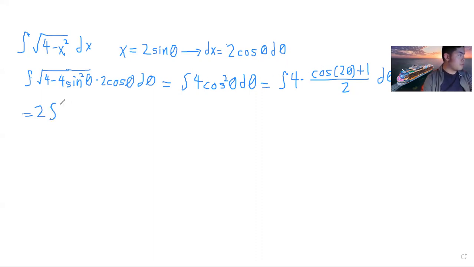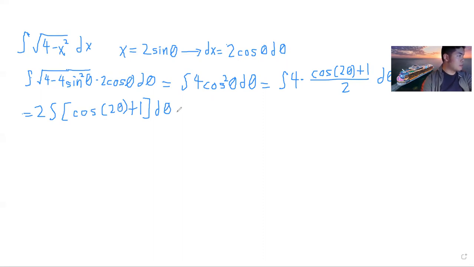Okay, so then let's do this a bit slower, shall we? Cos 2 theta, I don't want to confuse you guys or make a mistake, d theta. And now let's see.